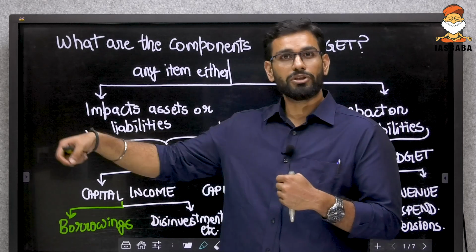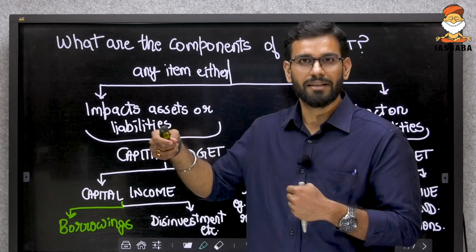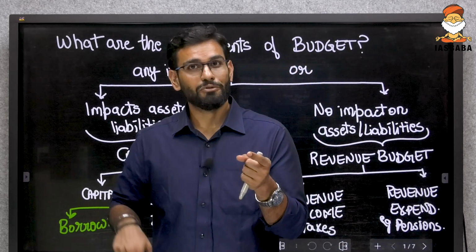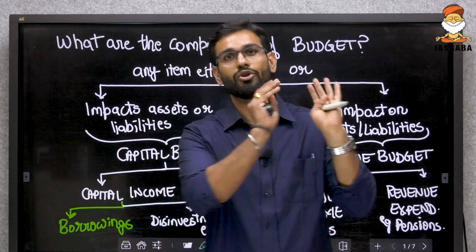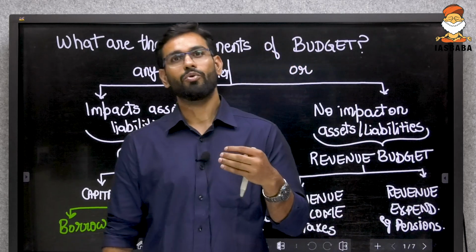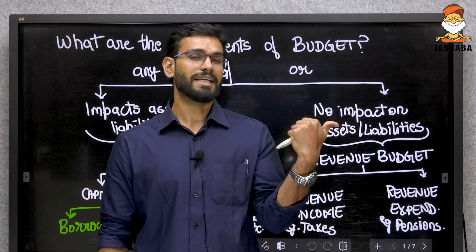Why? Because it puts money into the pocket. It causes cash inflow, which is why if the cash inflow stops coming, that type of loan for the bank is called a non-performing asset. I hope this is clear. So a loan that the bank gives is a liability for you, but it is an asset for the bank.